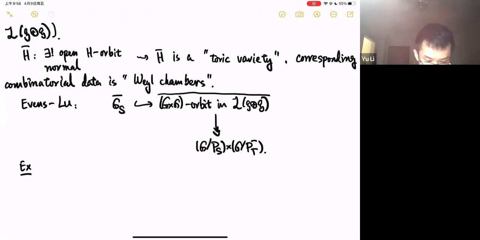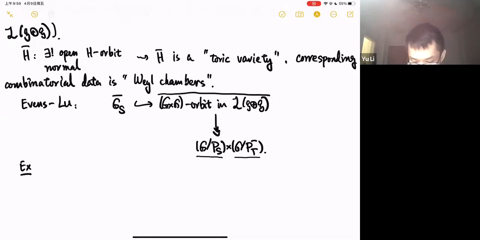All right, so by the work of Evens and Lu, if you look at the closure of the orbits of the Drinfeld double group, what do you get? You get a fibration over a product of two copies of partial flag varieties.